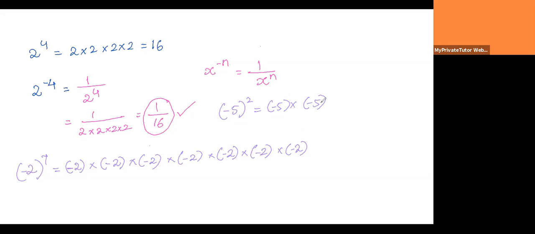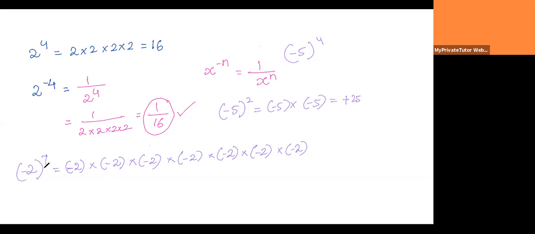If you multiply the negative sign twice, we'll get a positive, isn't it? Similarly, if we have minus 5 power 4, the exponent is 4, so we multiply the base 4 times. We will get 4 negatives, so the answer will be positive.